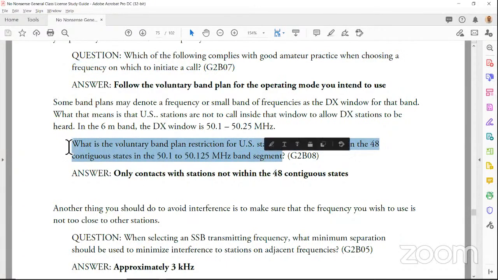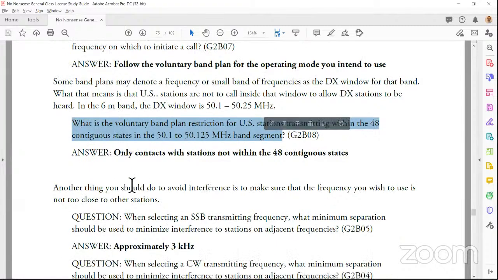Okay, next question. The word question is missing here. What is the voluntary band plan restriction for US stations transmitting within the 48 contiguous states in the 50.1 to 50.125 megahertz band segment? Okay, let's dissect this. What are they asking us?